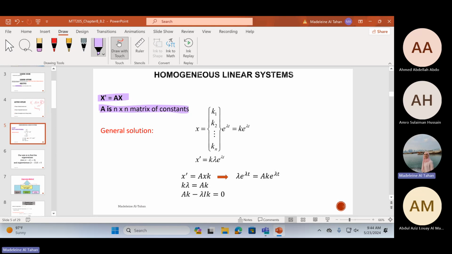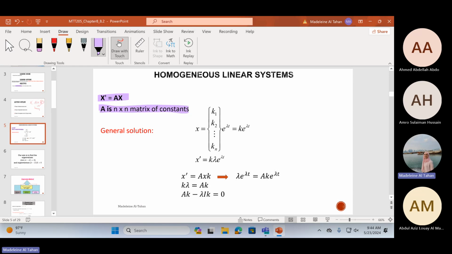The general solution of it is x equals K e to the lambda t. K is a column vector that contains n components. What will be our lambda? Please remember, when we have a linear differential equation with constant coefficients, how do we start?